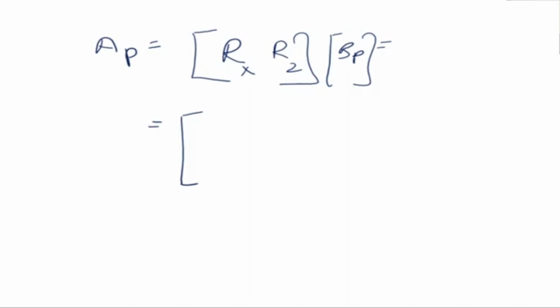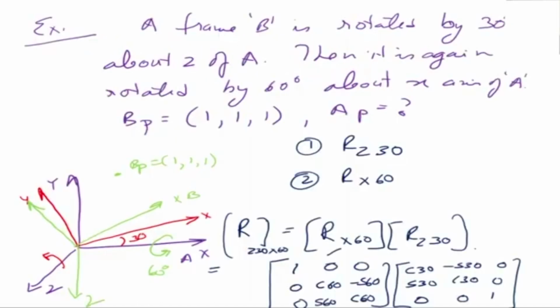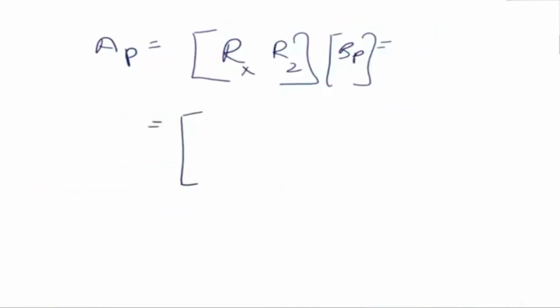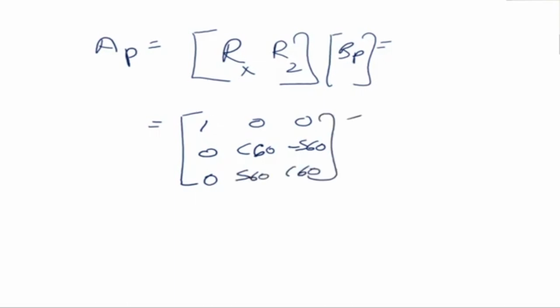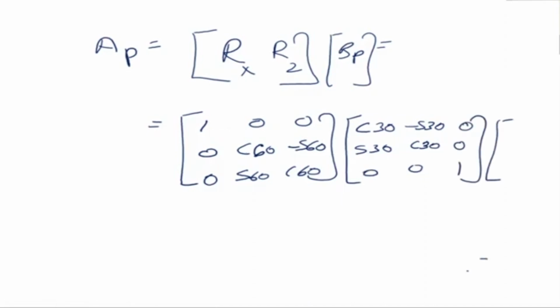RX of 60 is 1 0 0, 0 cos 60 minus sine 60, 0 sine 60 cos 60, multiplied by RZ of 30, which is cos 30 minus sine 30 0, sine 30 cos 30 0, 0 0 1. And here BP was given as (1, 1, 1). So this is my AP.